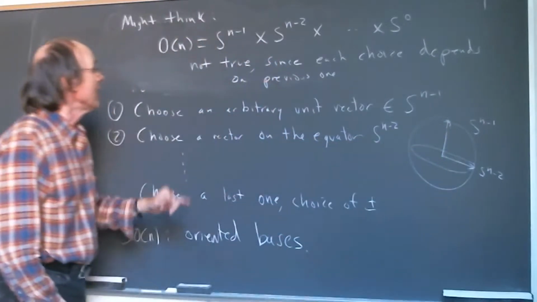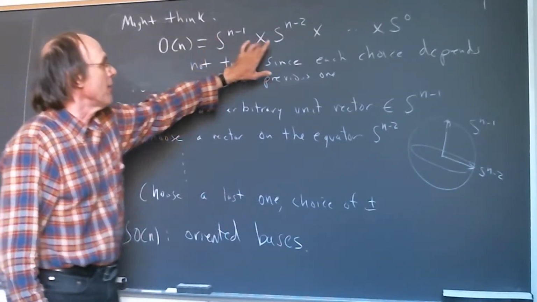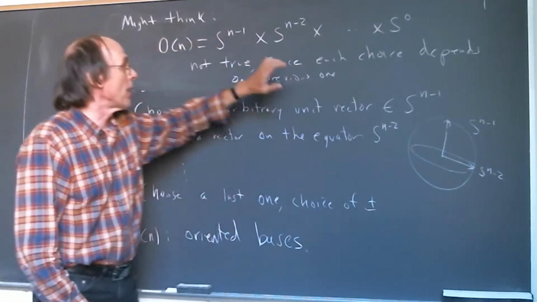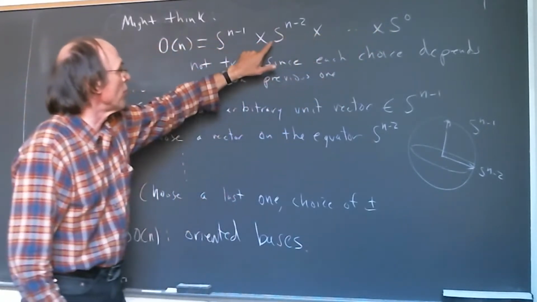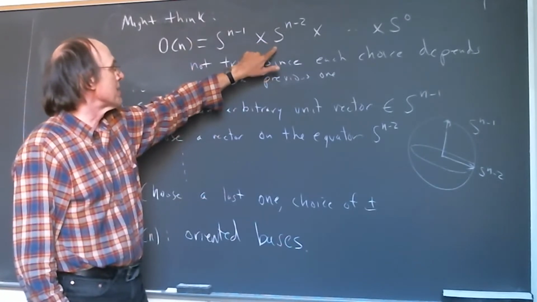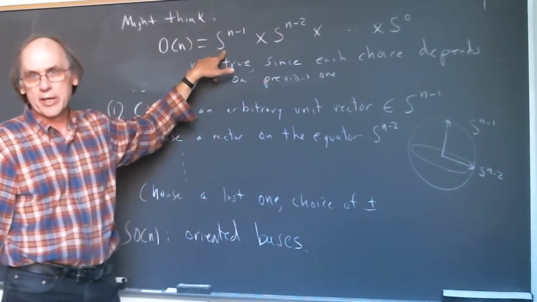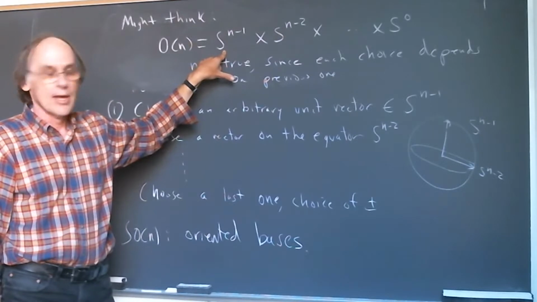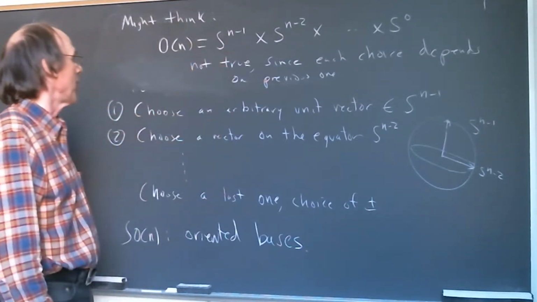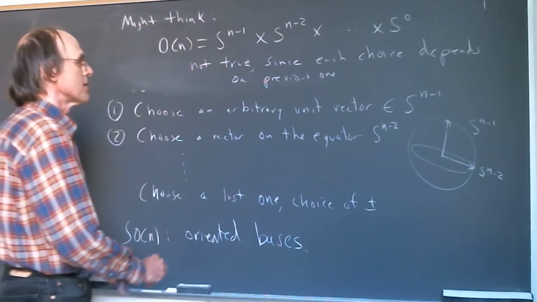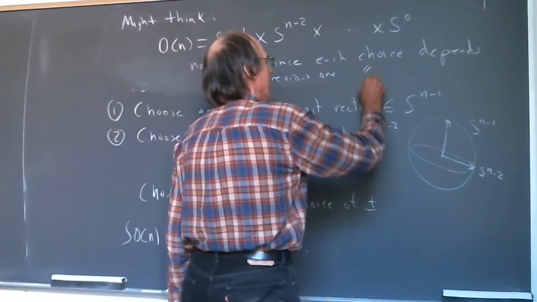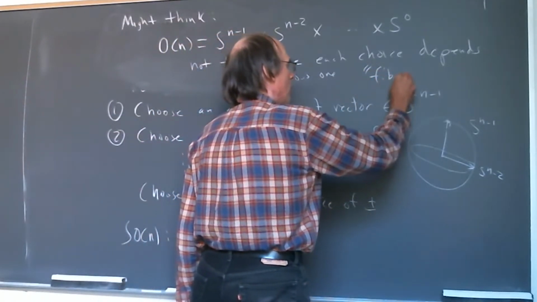So what you've got is not a product of independent spaces, but a product of points in these spaces, where what this space is depends upon where you are here. And so this is something that's called, in mathematics, a fiber bundle.